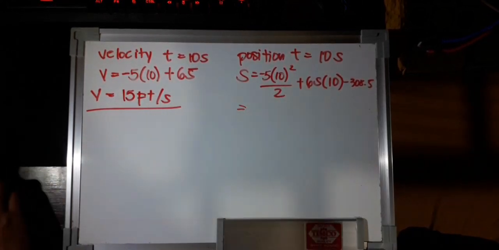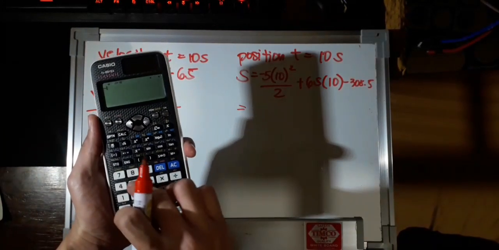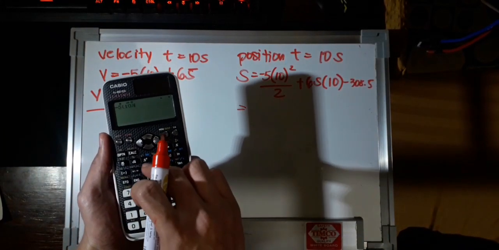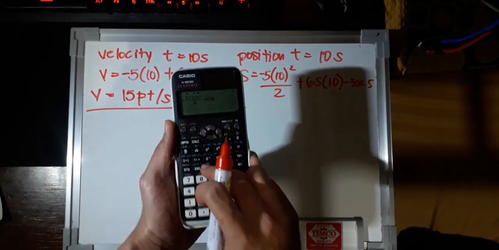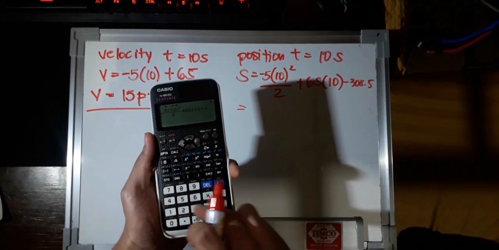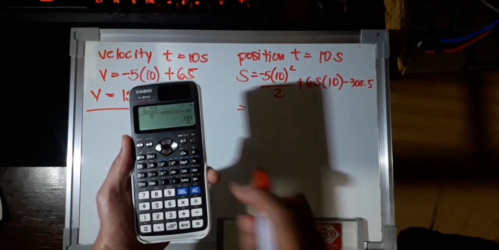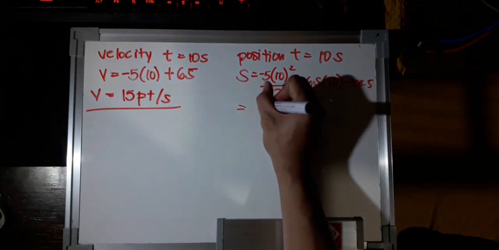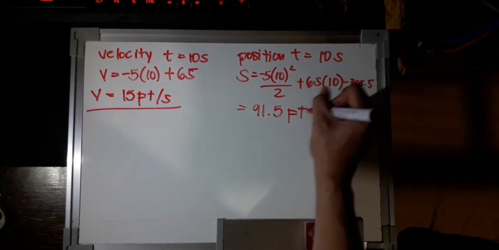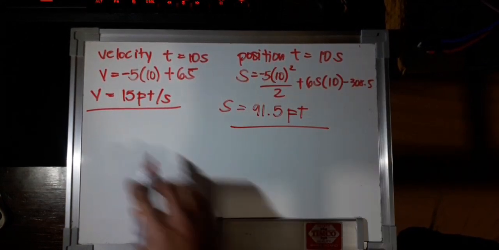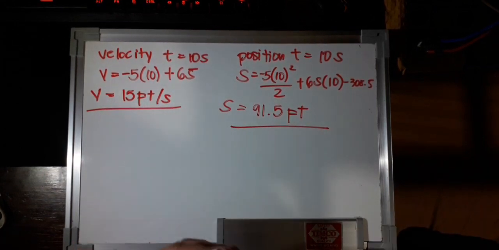Substitute na natin 10. Calculate lang natin: negative 5 times 10 squared divided by 2 plus 65 times 10 minus 308.5. That is 91.5 feet. So ito yung ating velocity and position when time t is equal to 10 seconds.